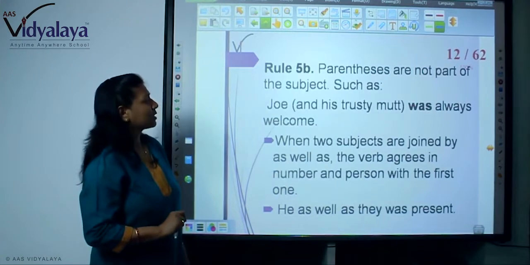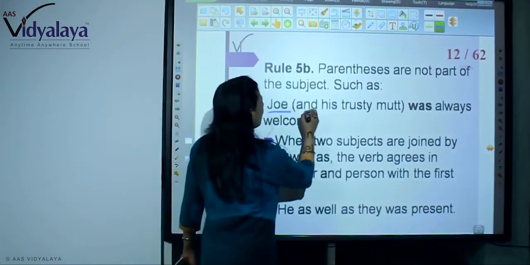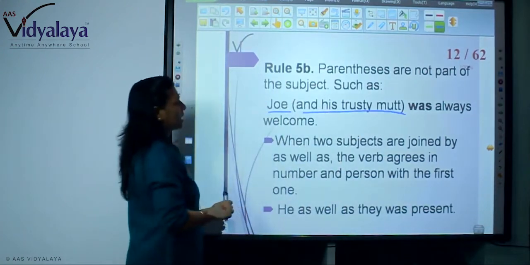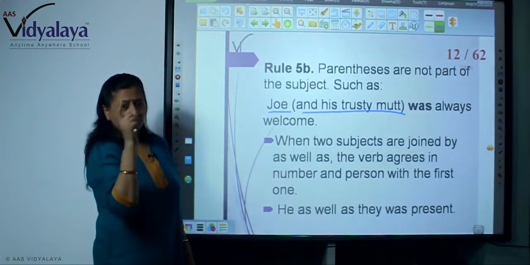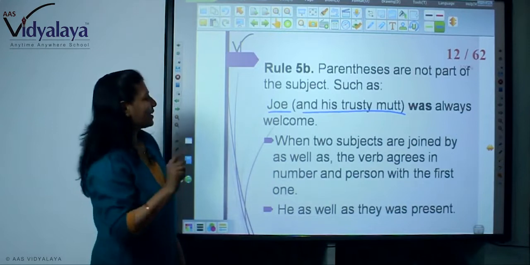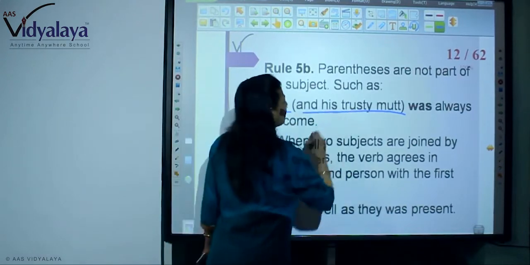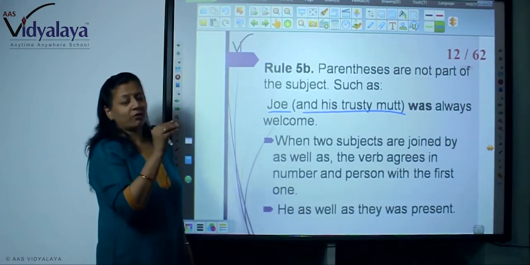Parentheses are not part of the subject. What is parenthesis? For example, Joe, and his trusty mutt, was always welcome. The thing is that within the commas, within the inverted commas, within the brackets, when we write something, we do not have to consider that for verb agreement.